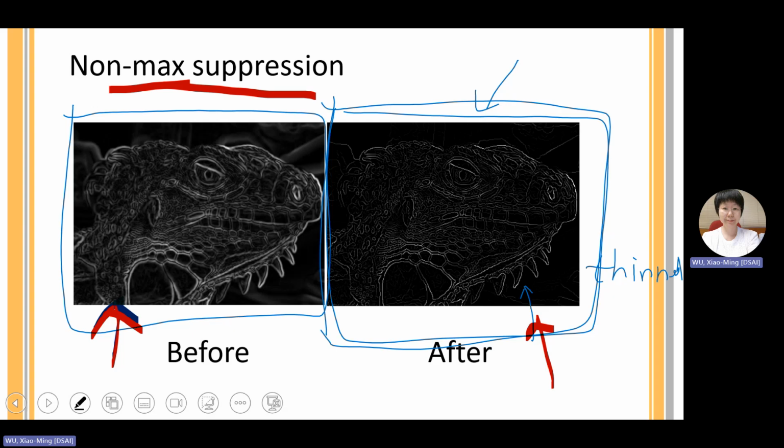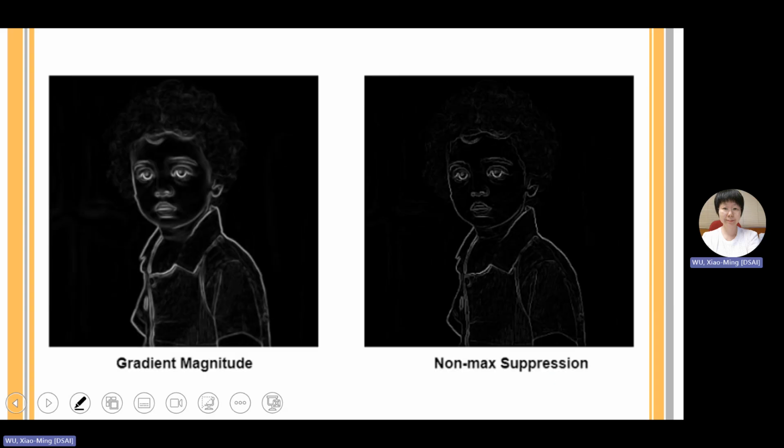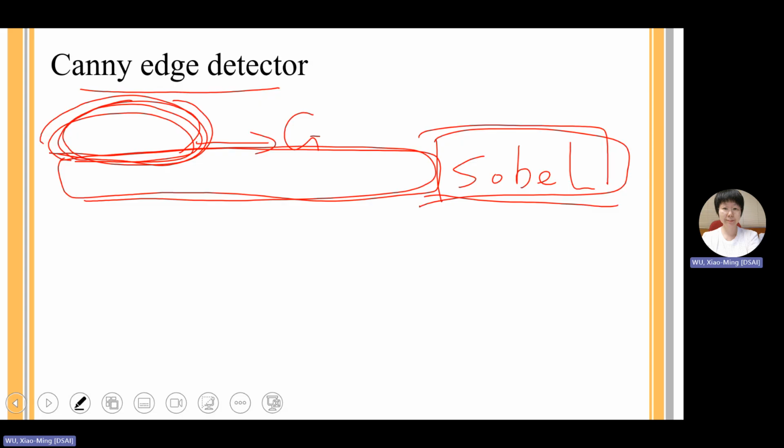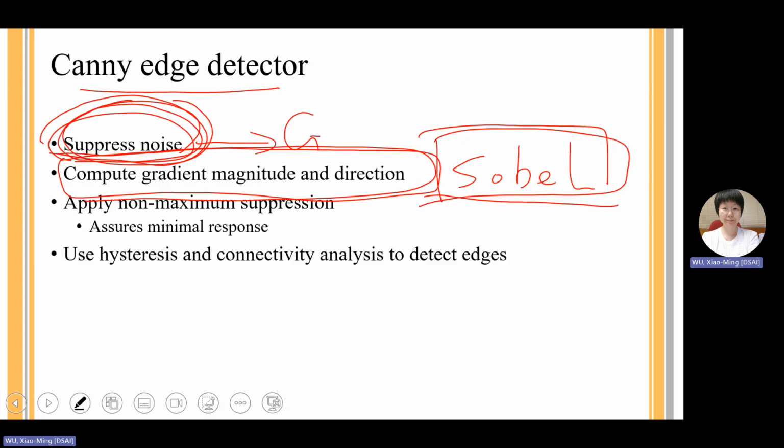So here comes the final step. We want to threshold the image and obtain the final edge map. The last step is called hysteresis thresholding.